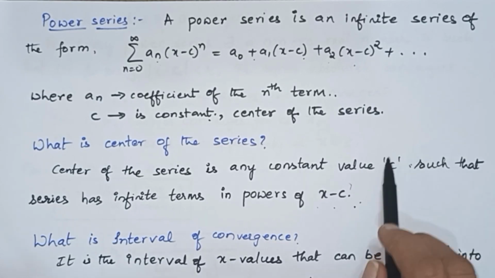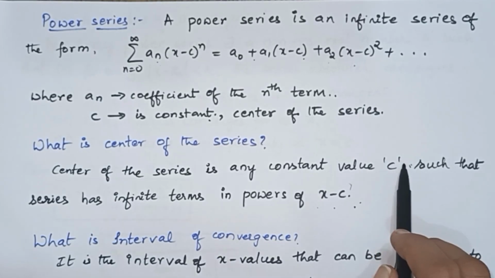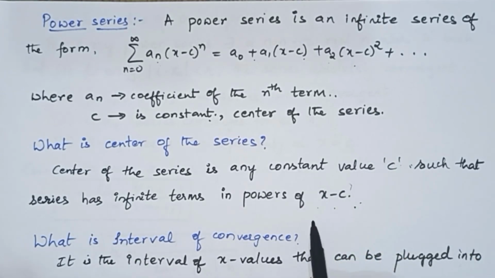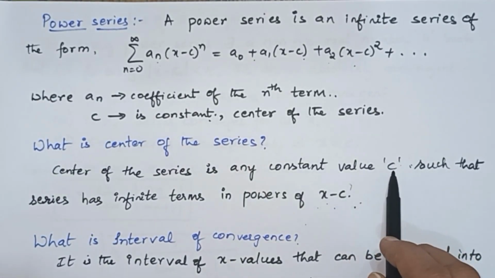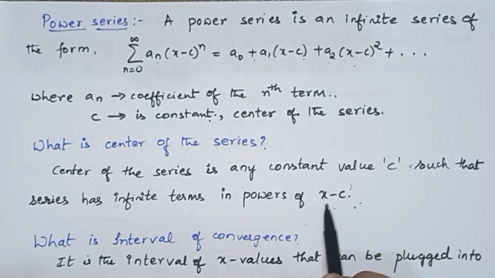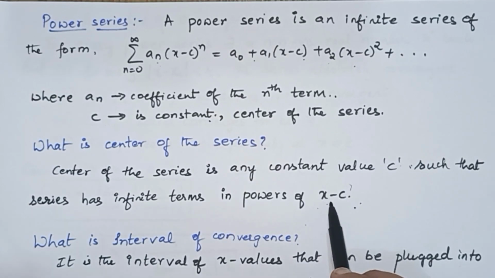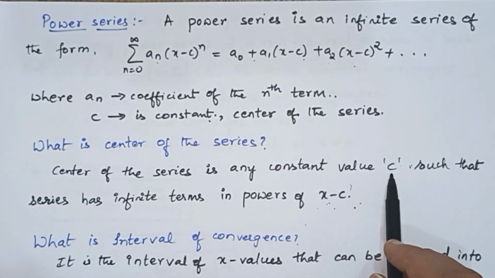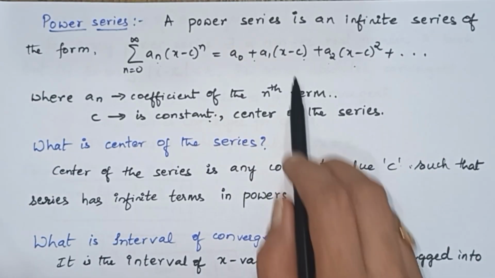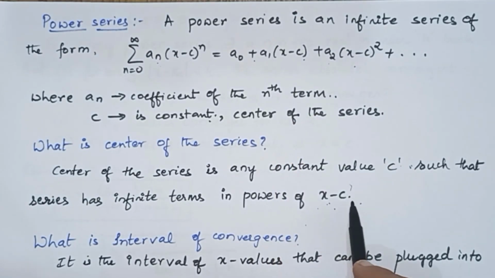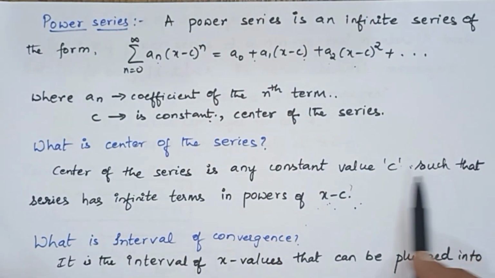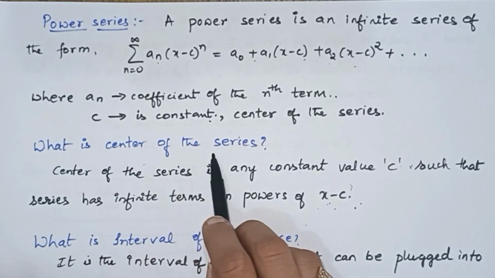If you have taken that constant value c as the center, then the expansion will be in terms of x minus c. For example, if the center c is at the origin, that is 0, then the expansion is in terms of x. If the center is at the point c equal to 1, the expansion of the power series is in terms of x minus 1, and so on. So this is the meaning of the center of the series.